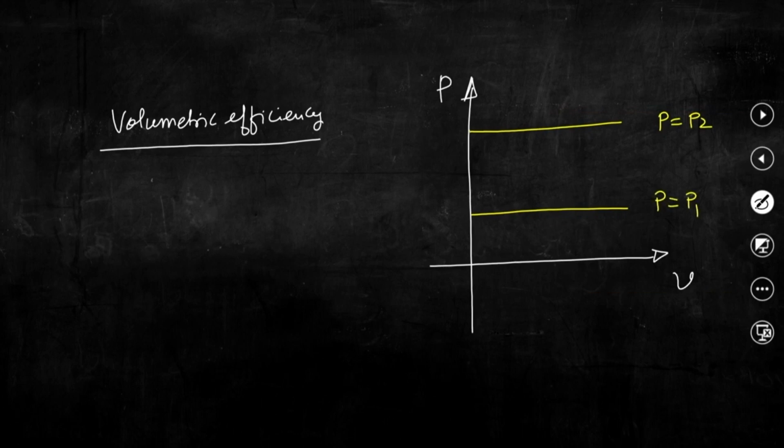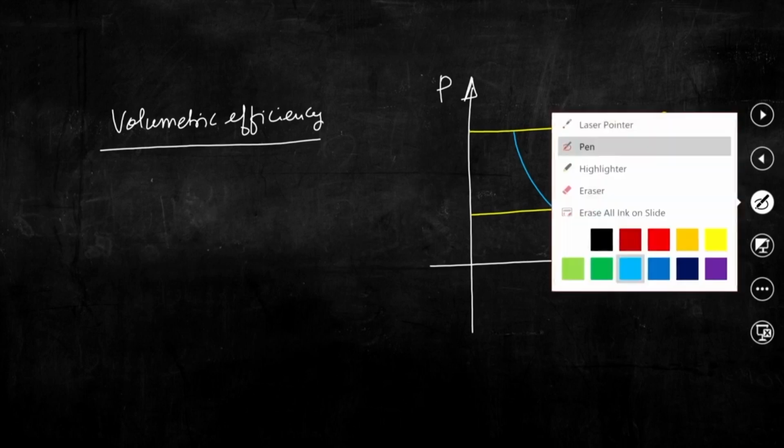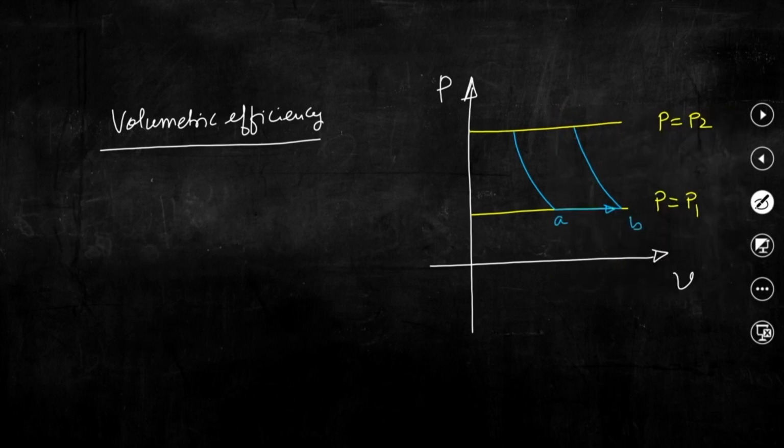So, these are two pressure limits, and if we consider that 1 to 2, that is the suction, or I should give a name, say this is A to B. So, this is A, this is B. A to B is suction, and this is the clearance volume Vc and this is the swept volume Vs. So, this is the swept volume Vs.